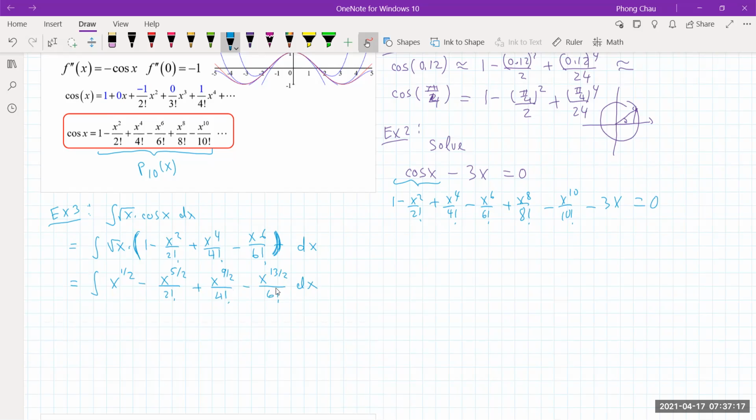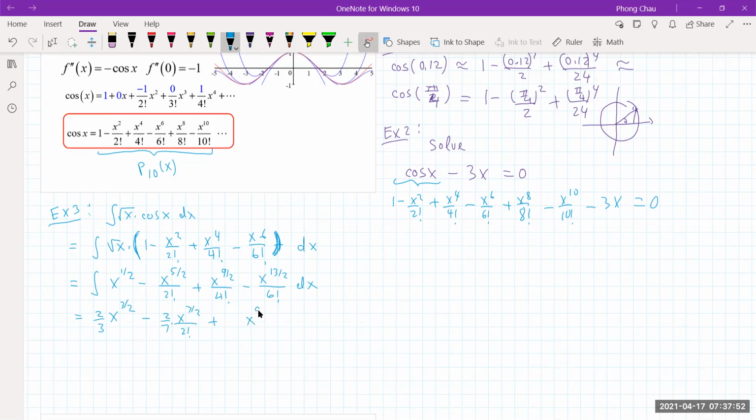And you can see I don't have a problem integrating this because these are just powers of x with separate terms. I can integrate it term by term, add 1 to this: x to the 3/2 divided by 3/2 or times 2/3, and minus x to the 7/2 over 2 factorial divided by 7/2 or times 2/7, and so on.